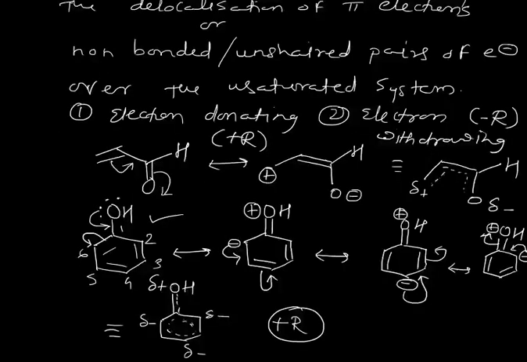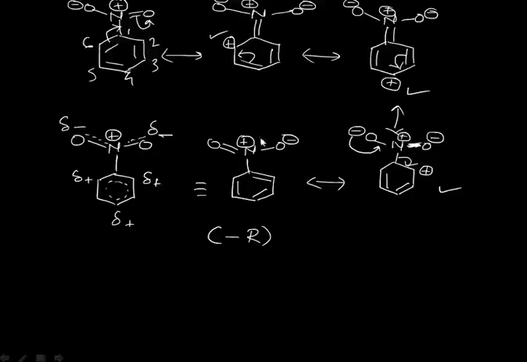And one example we wrote earlier, that is the C double bond O group. This carbonyl group is also going to show the minus R effect, and generates positive charge on this particular carbon. So this is an example of minus R, this is an example of plus R, and this is also an example of minus R.